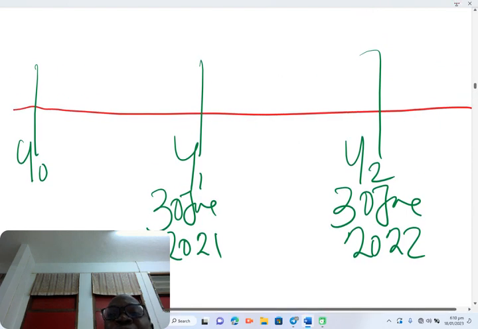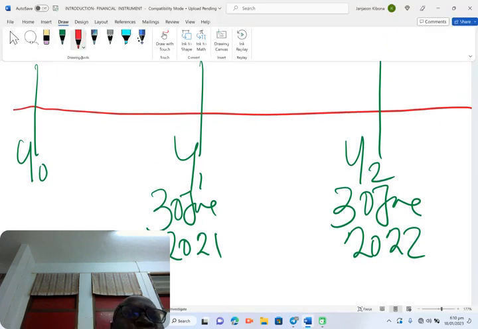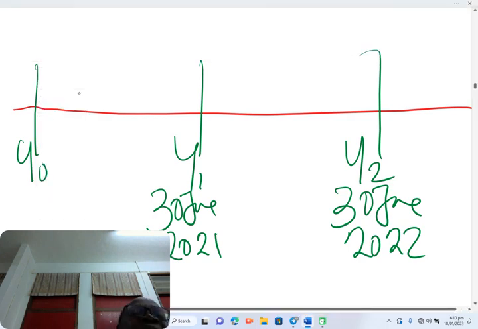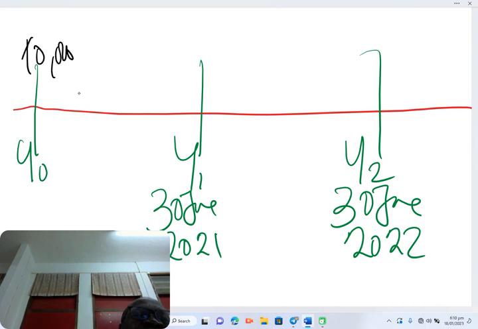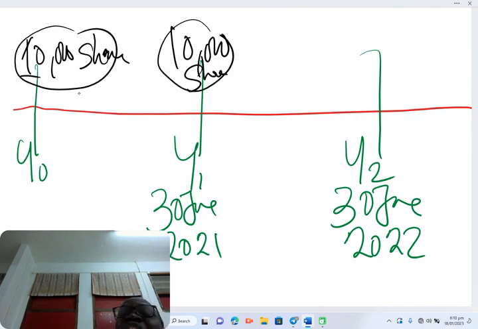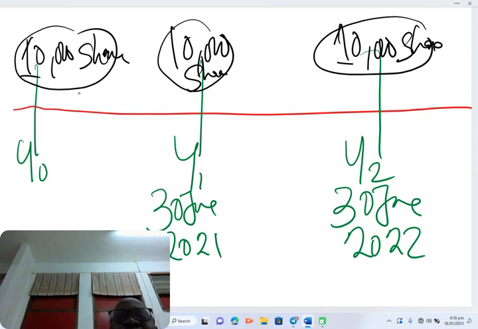What is being portrayed here is very simple, you should not panic. So you bought 10,000 shares here. And on year 1, you have not sold any shares, so you had also 10,000 shares. And in year 2 also, you had 10,000 shares. What was the price initially when shares were bought?